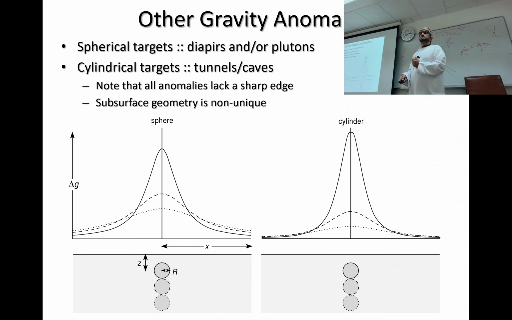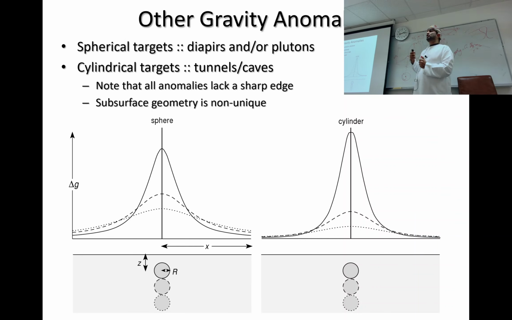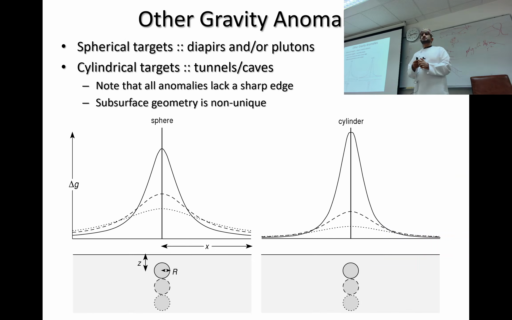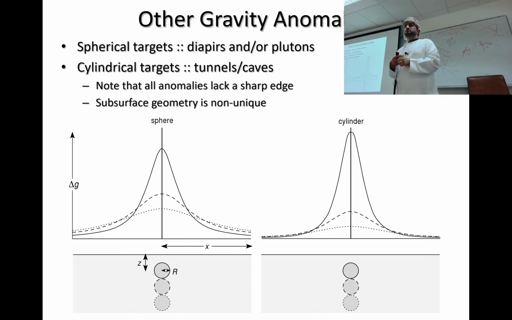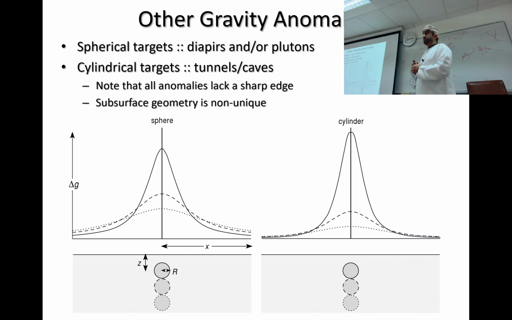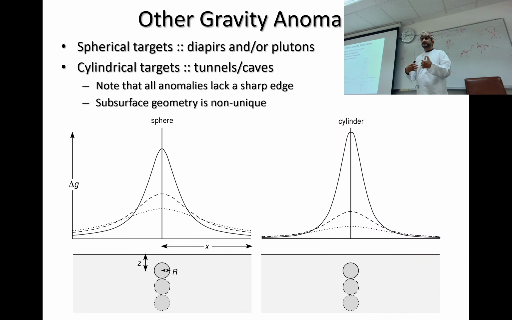That's true. So what we observe is that the closer the target is to the surface, the steeper the anomaly. That's one thing. The deeper you take the target, the more gradual the change is.